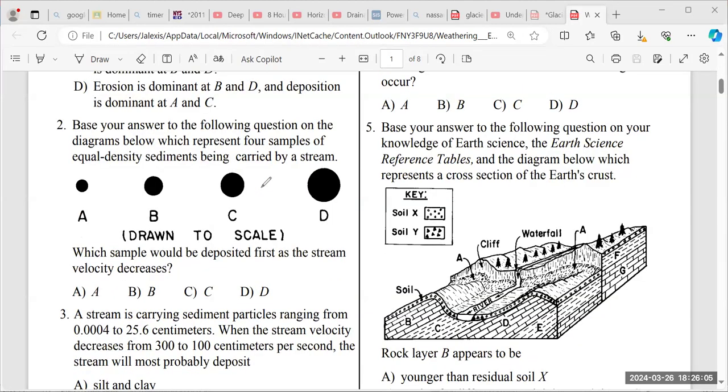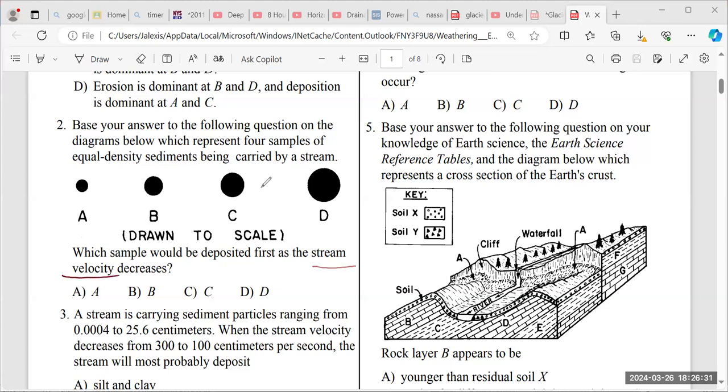Number two. Based on the diagram below, which represents four samples of equal density sediments being carried by a stream, which sample would be deposited first as the stream velocity decreases?